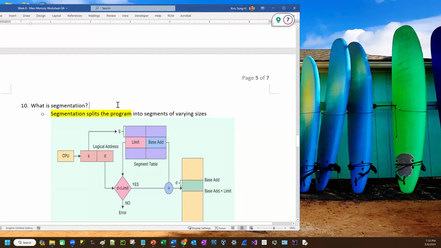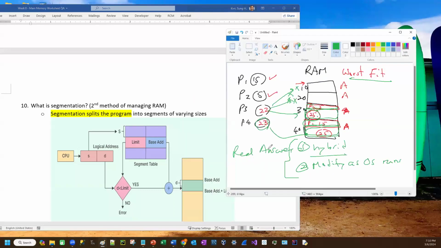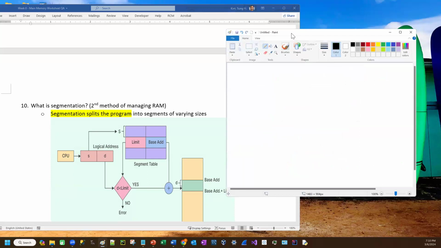So this is the second method of managing the RAM. The idea here is, so here are the processes or programs, 1, 2, 3, and they're being loaded to the RAM.